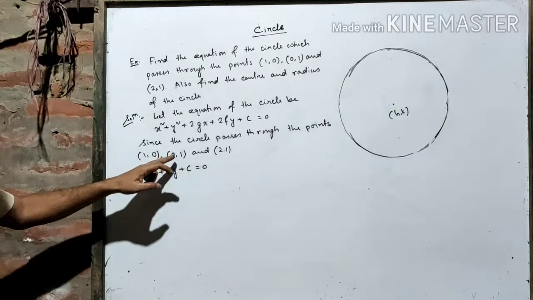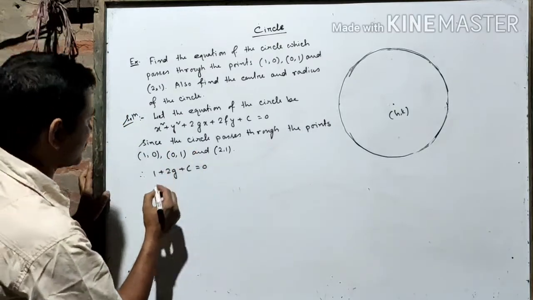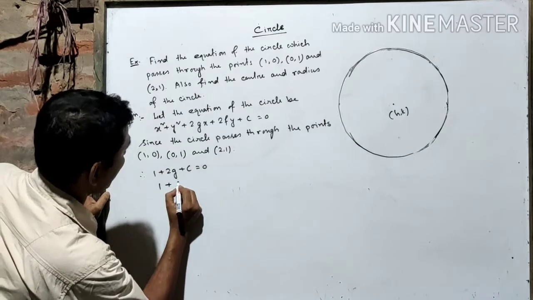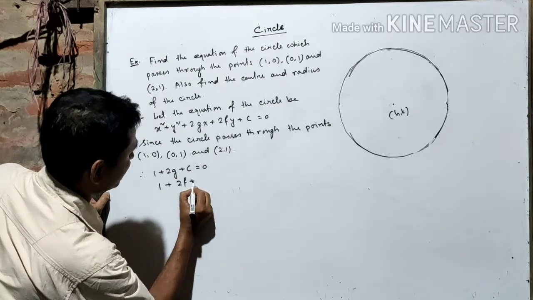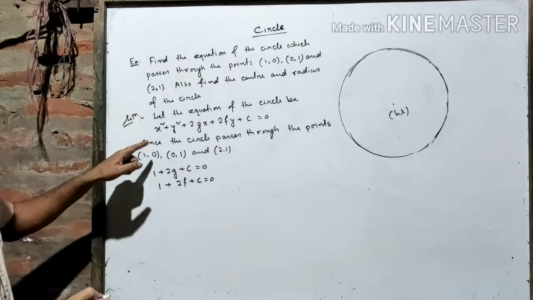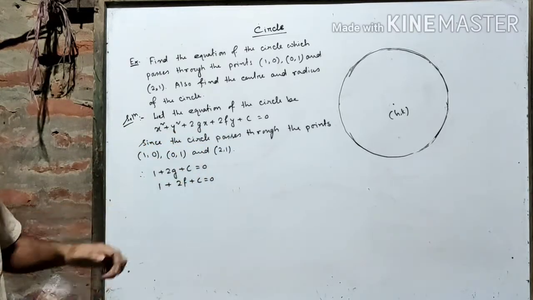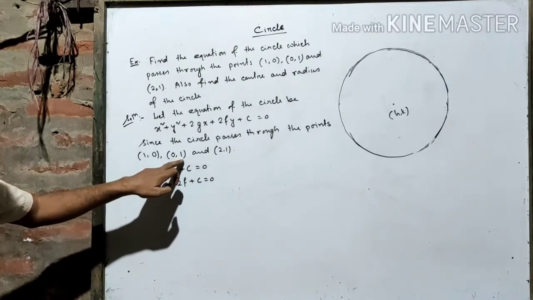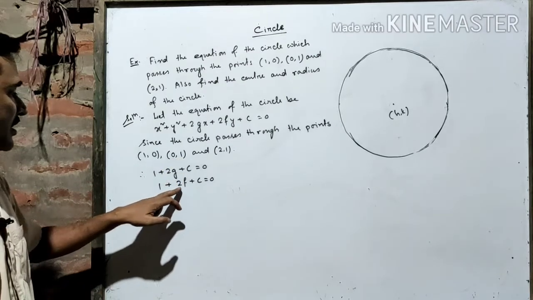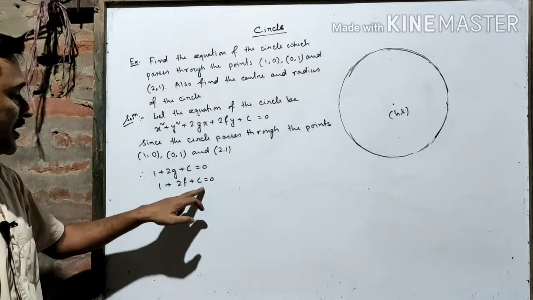Then for the next point 0, 1, putting x equal to 0, y is equal to 1, we get 1 plus twice f plus c is equal to 0.